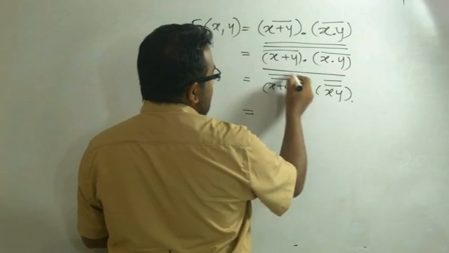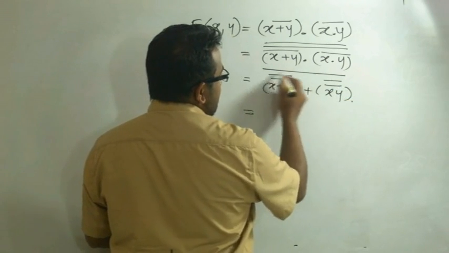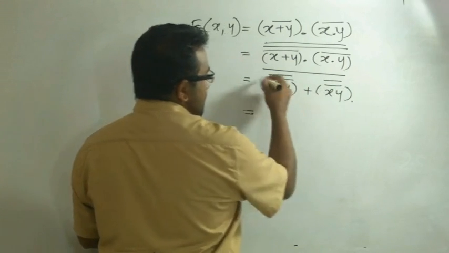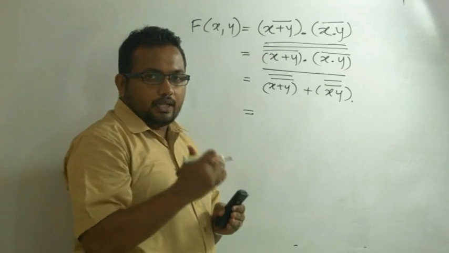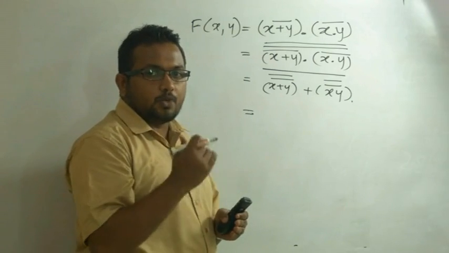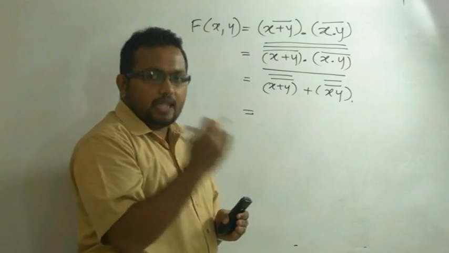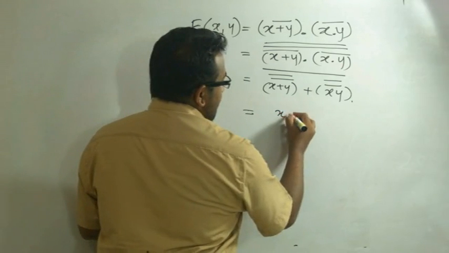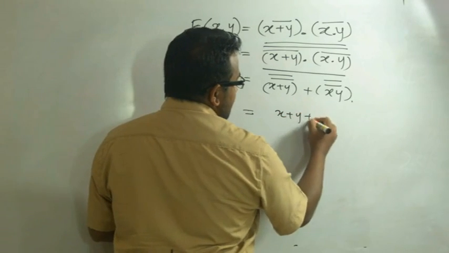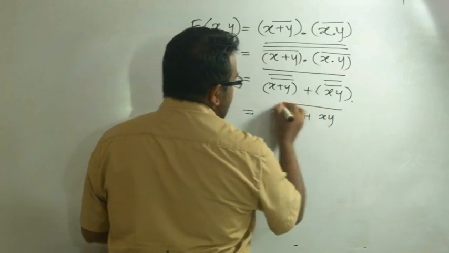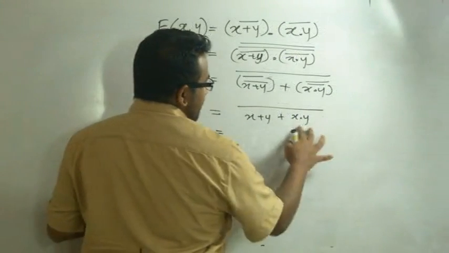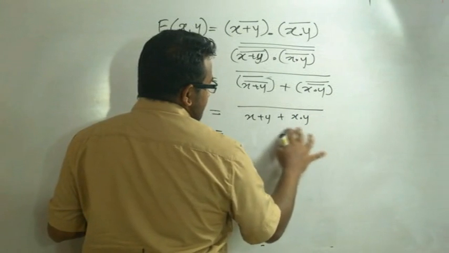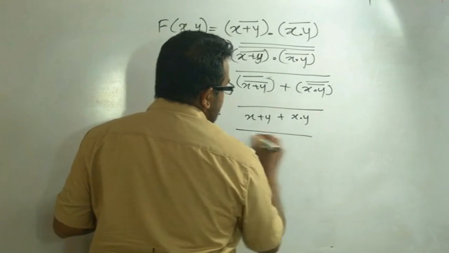You can see the double bar here, which means it will get eliminated. There is no point of using double bars because one bar is inverted by the other bar. So you will end up with x plus y plus x y with a bar notation. Here you can see there is a simple technique that we can use.